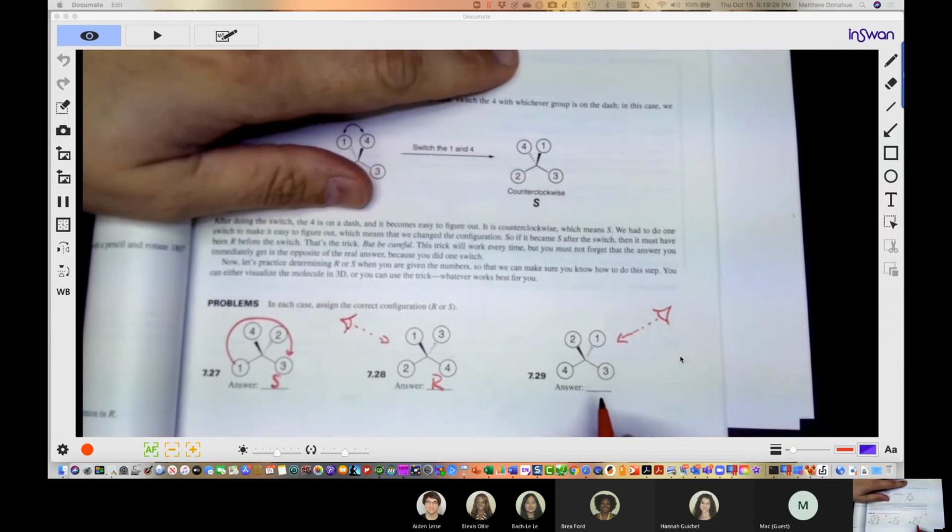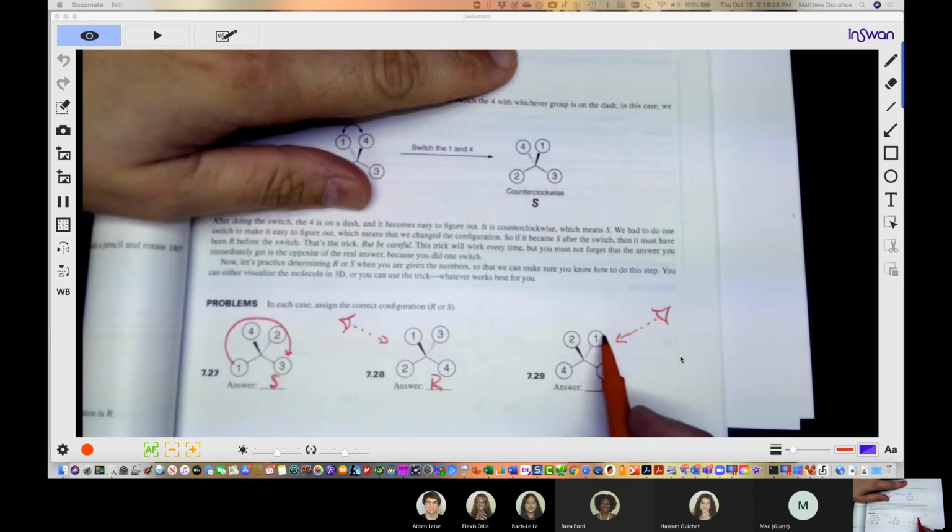Yeah, so this should be S. We're going 1 to 2 to 3. That's counterclockwise, S.